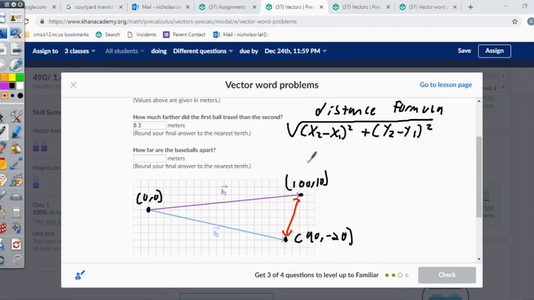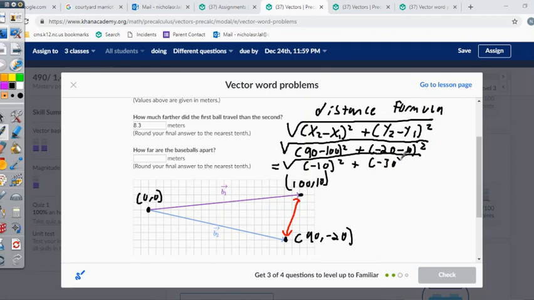So here the distance formula would be the square root of 90 minus 100 squared plus negative 20 minus 10 squared. So that's going to be equal to the square root of negative 10 squared plus negative 30 squared.